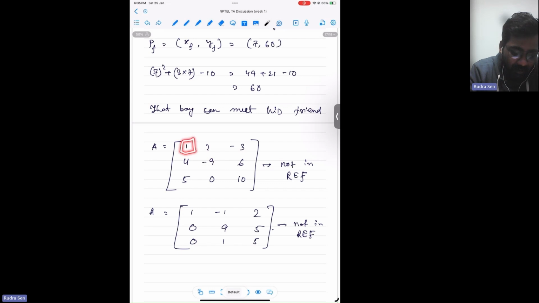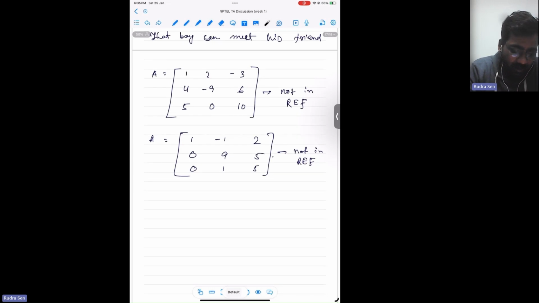Here the elements below the pivot elements are not zero, so this is not row echelon form. We can make it an echelon form, but right now it is not. Similarly, in this matrix the elements below the pivot are zero in one case, but in the second case the element below the pivot element is not zero. So this is also not in row echelon form.